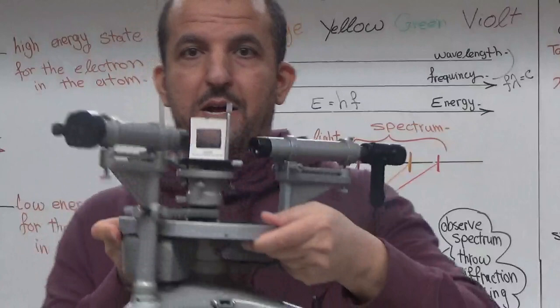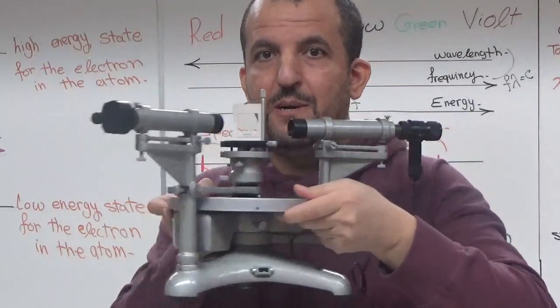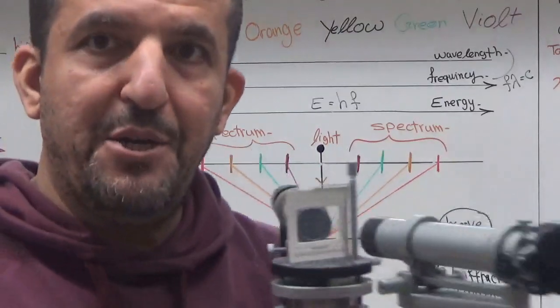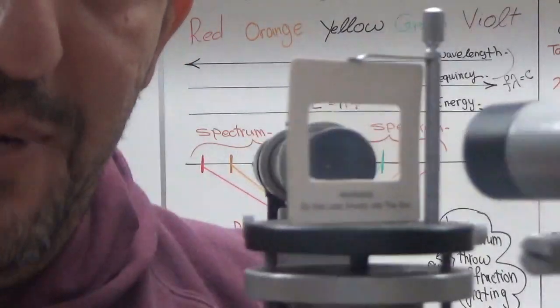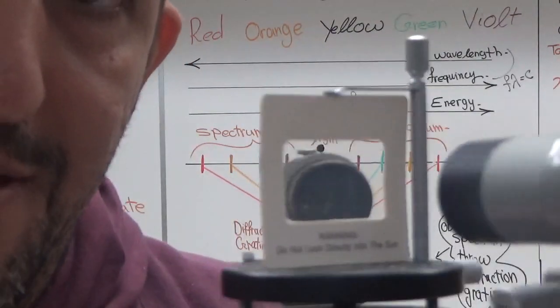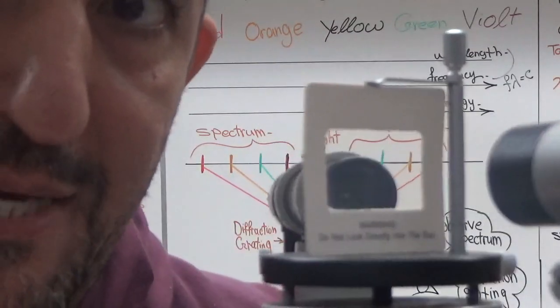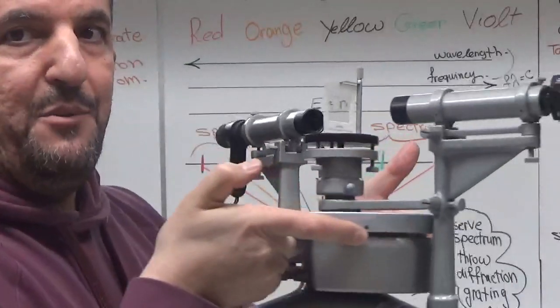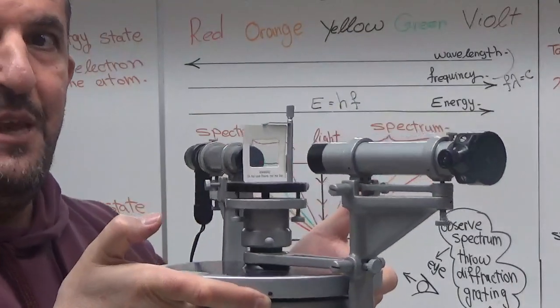You can see the diffraction grating, this white square that has a window in the middle. This is the spectrometer that we are using.